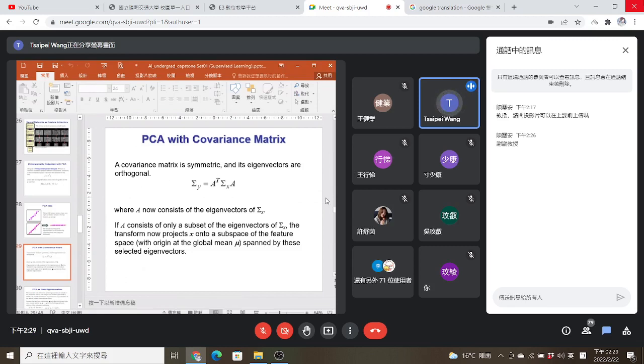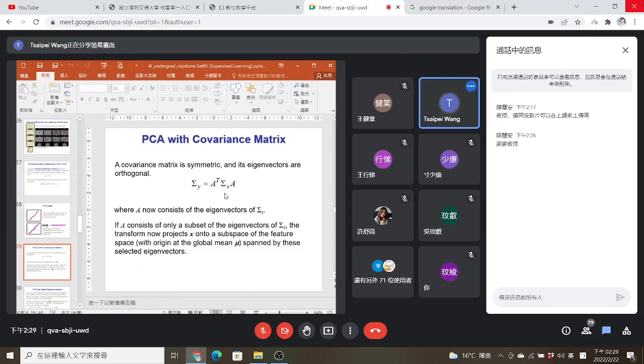This covariance matrix is symmetric and positive definite, so you can always diagonalize it using its eigenvectors, and the eigenvectors are orthogonal. So this sigma x is the covariance before the transformation, and sigma y is the covariance after the transformation.